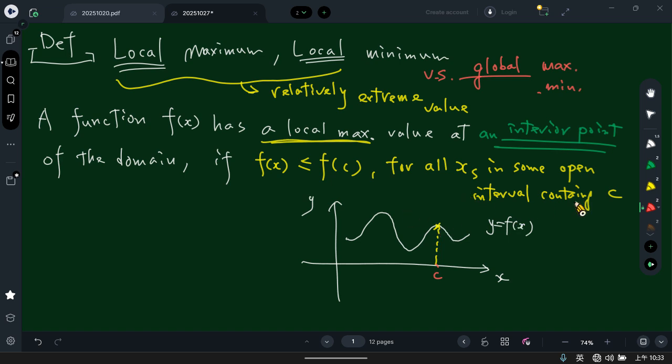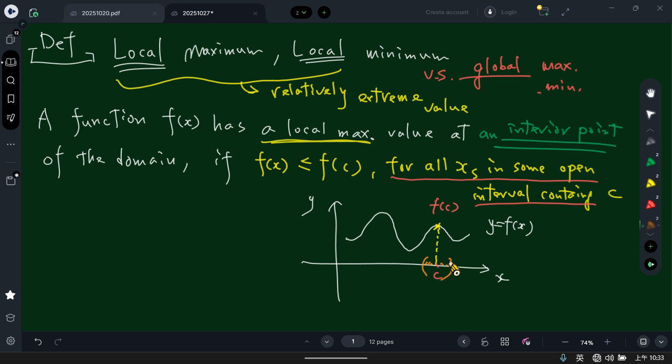So based on the definition, you can see f of c is here. If you can find an open interval, open interval means here, right?